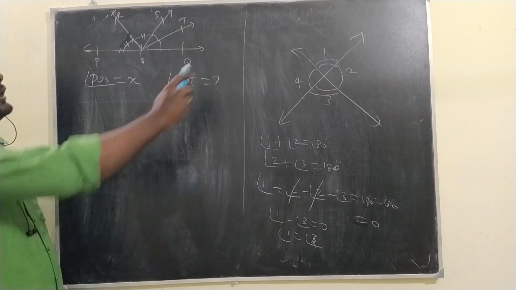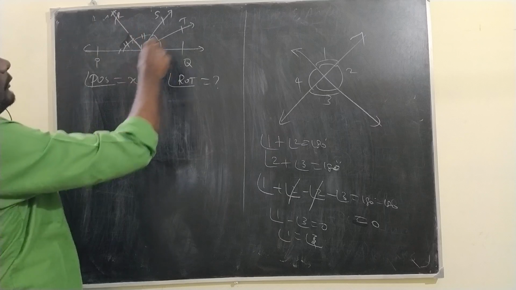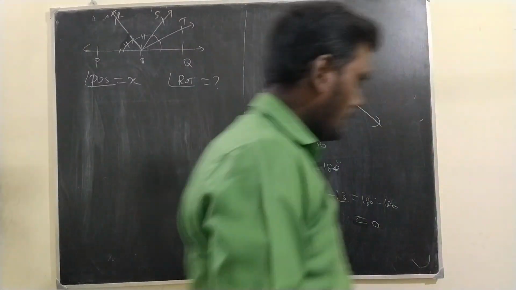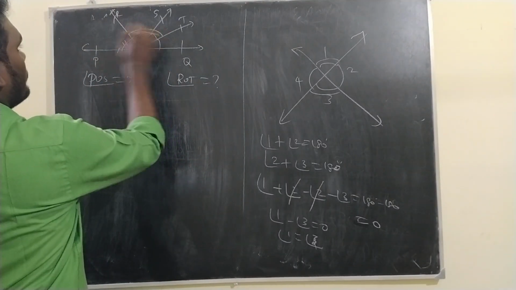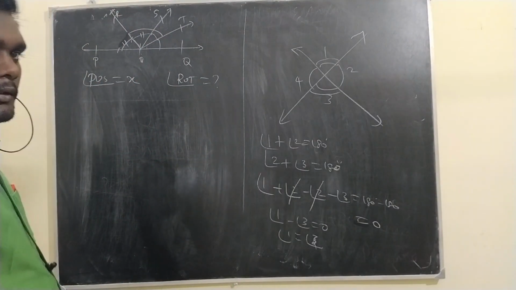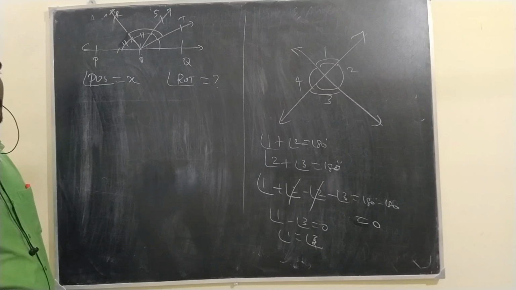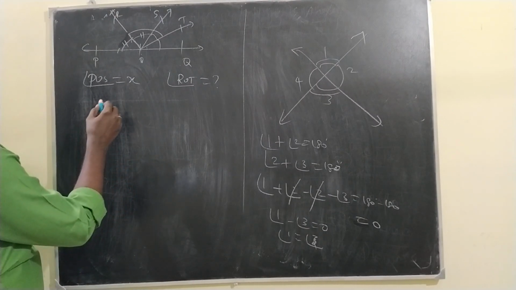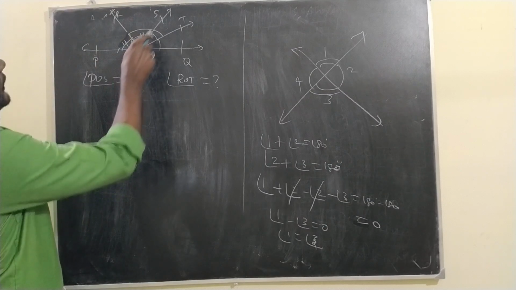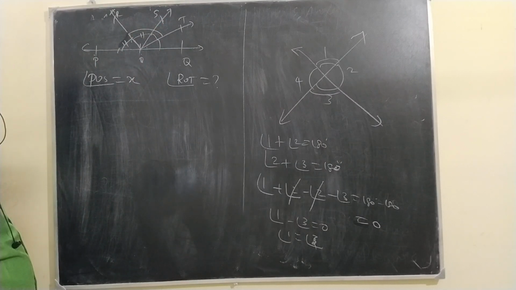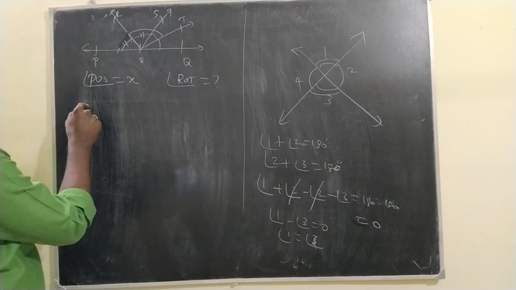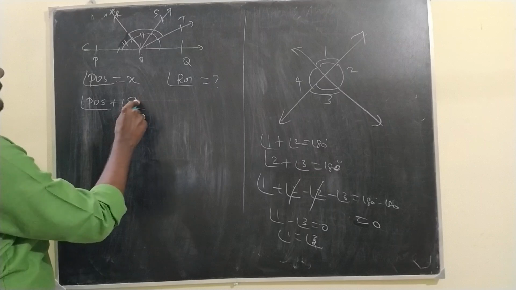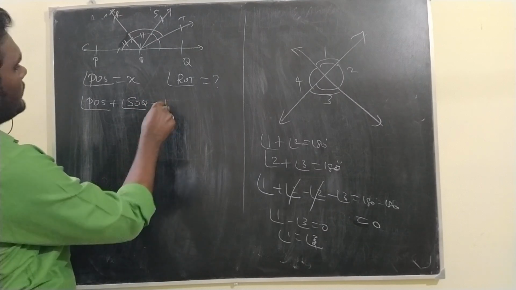See, ROT, where is it? Okay, color chart please. So this angle we need to find. But we can't find it directly. What we are going to do is use the linear pair property. So if POS is equal to X, angle POS plus angle SOQ equals 180.